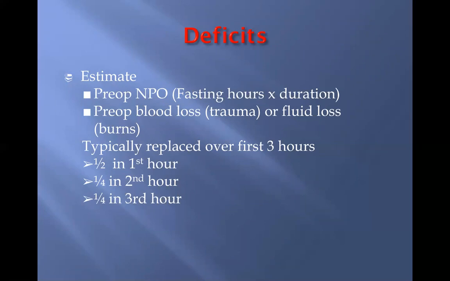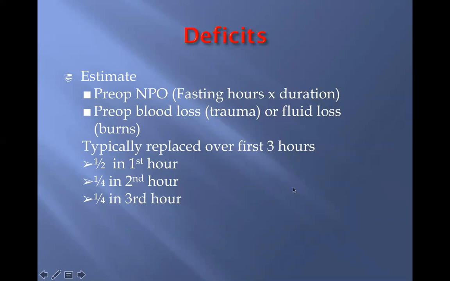Typically, all this deficit is to be replaced over the first 3 hours: half the volume during the first hour, quarter the volume during the second hour, and quarter the volume within the third hour.